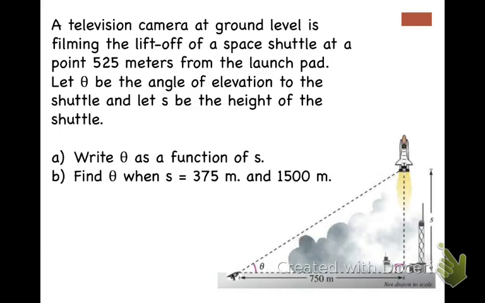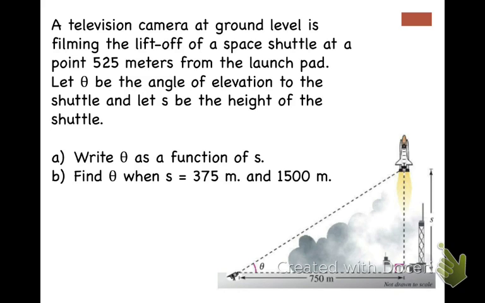All right, so what we're going to do is work through some word problems with pictures given to us. We've got a television camera on the ground, looking up at a shuttle that's 525 feet from the launch pad. It says, let theta be the angle of elevation to the shuttle, and let s be the height of the shuttle.